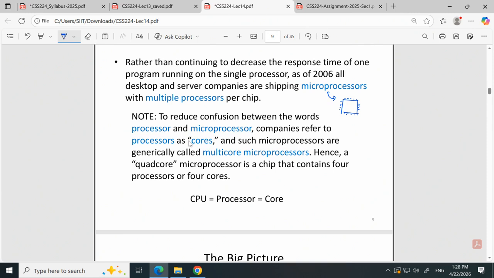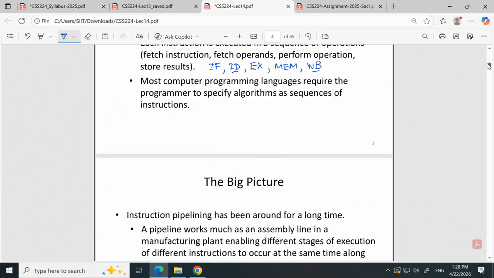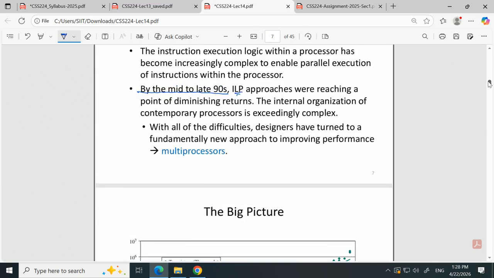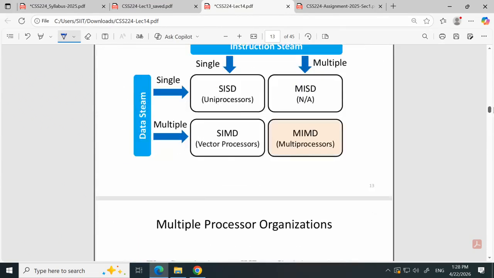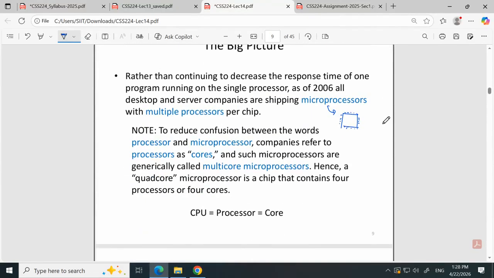And this lecture is about multi-cores. Our topic, multi-core, multi-processor. So one microprocessor has more than one core, more than one CPU, or more than one processor. For short, a multi-core microprocessor.